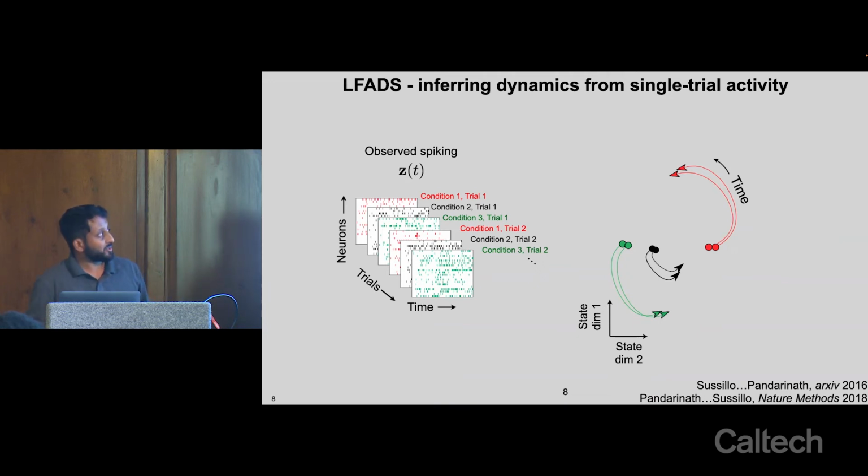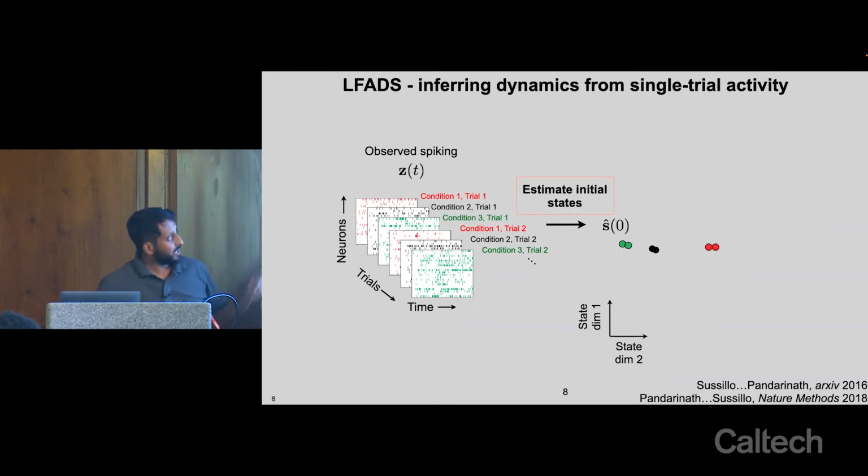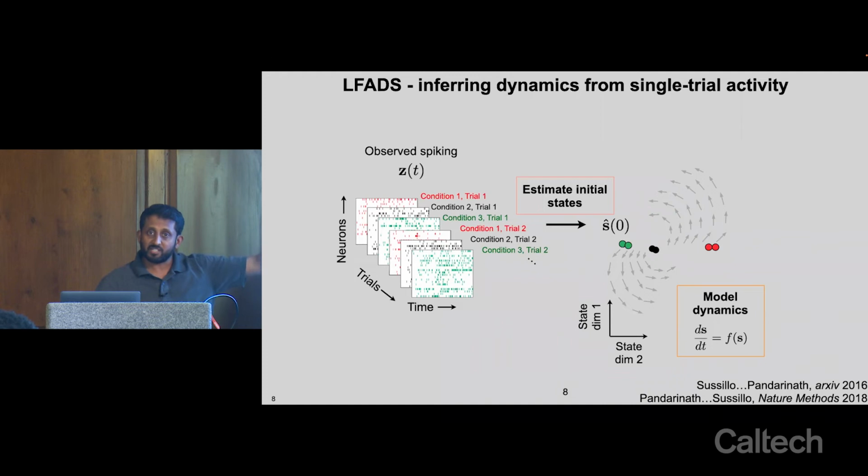If that is truly the case, then to describe any piece of data here, where I have neurons by time for a single trial, we should be able to transform this data to estimate the initial state. We should be able to model the dynamics. Each individual trial can have a different initial state, but all the trials should have the same dynamics. We think this is consistent across all these different behaviors.